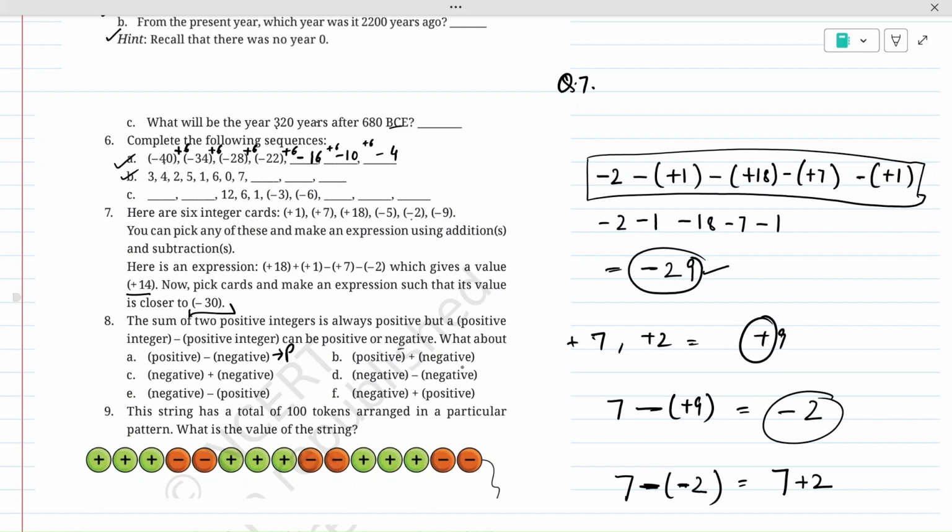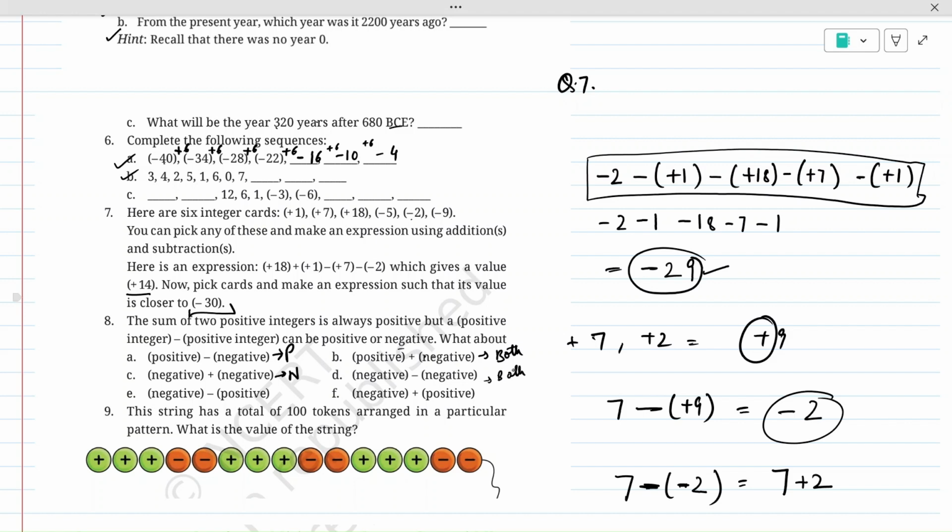Positive plus negative. So it depends. If we have a positive number which is bigger, then the sum will be positive. If the negative number is bigger, the sum will be negative. Negative and negative will always be negative. Okay, this can be both ways. Negative minus negative. So again, it can be both.